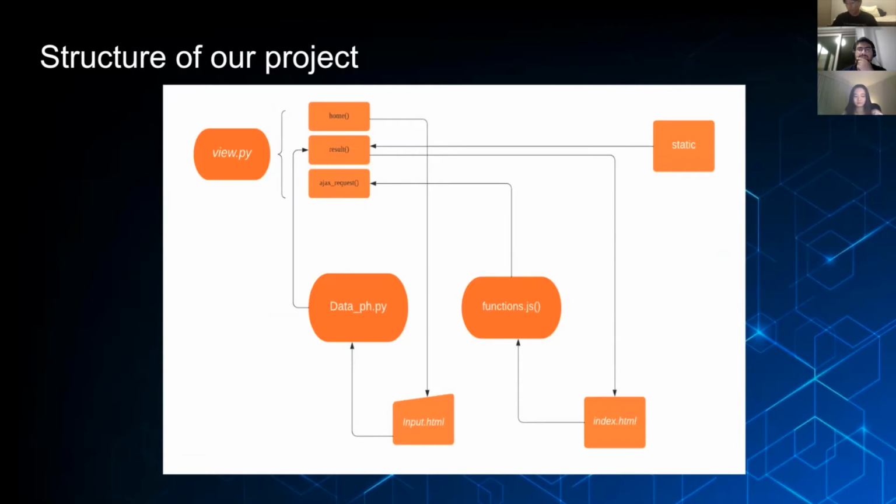On the web, input.html gets the input from the user, and using the user data, data.ph.py does the calculation, sends it back to view.py, and it runs the result function, which will run index.html, which is our actual VR environment.